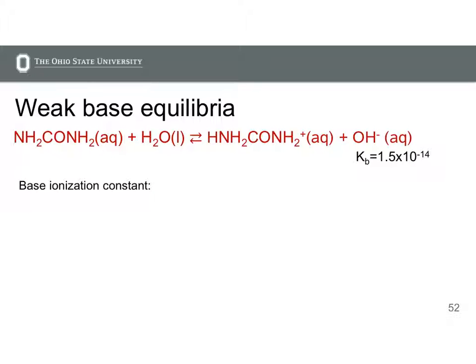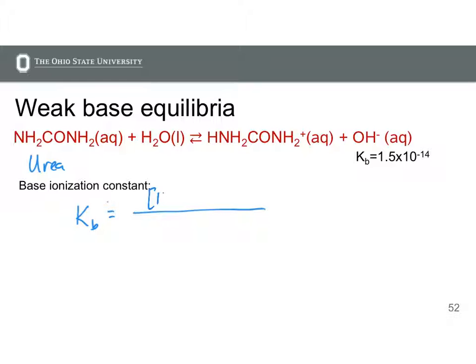For our weak bases, this is a weak base called urea. For this, we're going to use a base ionization constant K sub B. Again, it's just a K value that we're designating, saying this is for a base. Same sort of thing, products over reactants.